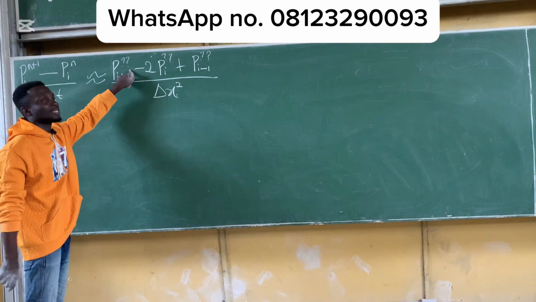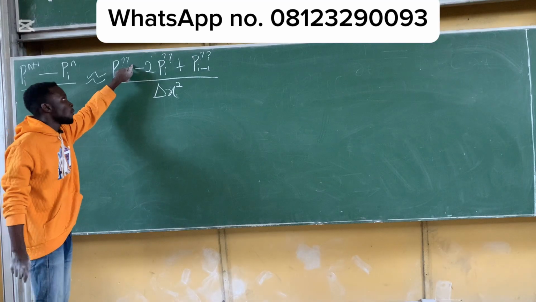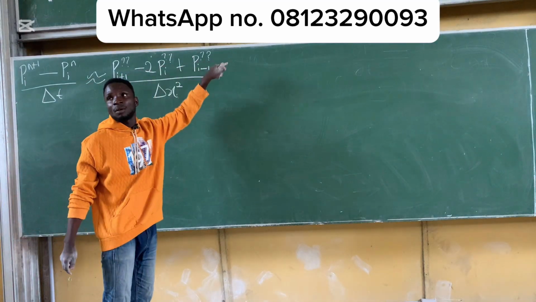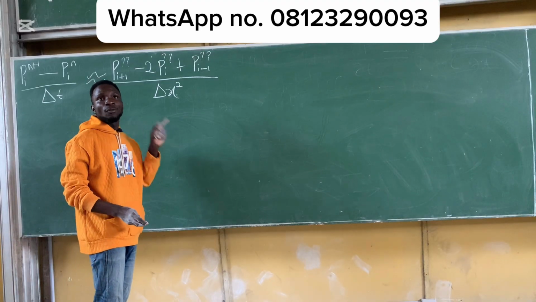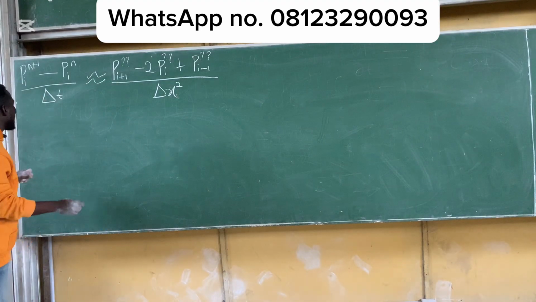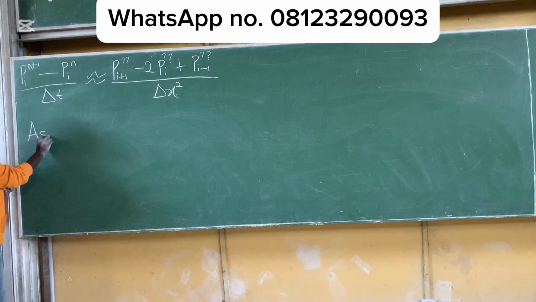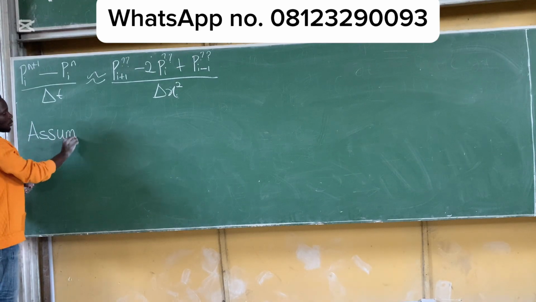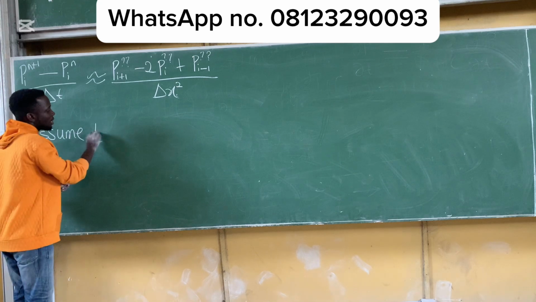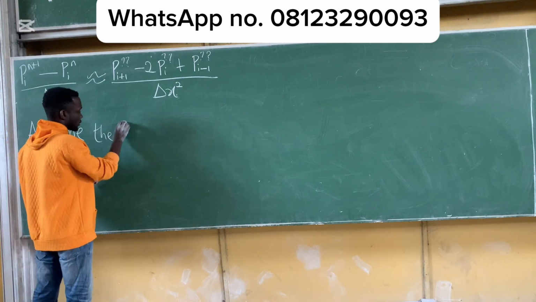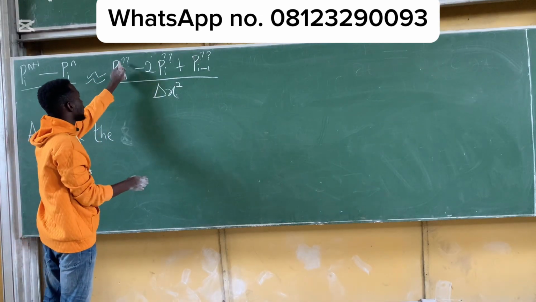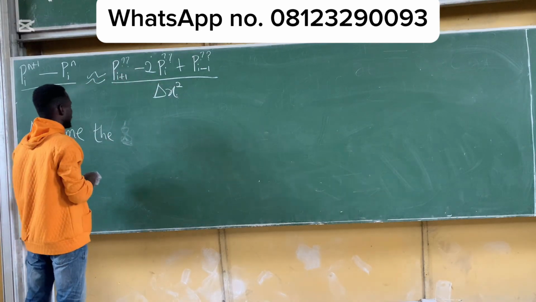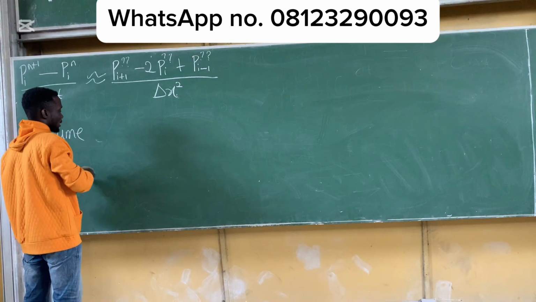Now, since at the right hand side we don't know the time level for the partial derivatives, how do you get the time level? For you to get the time level now, we can simply assume the time level for this partial derivative as n.